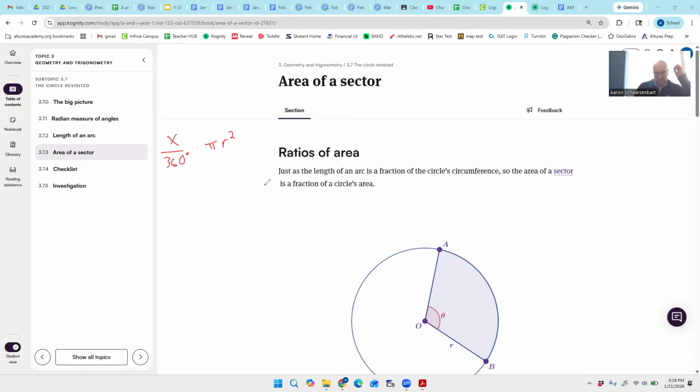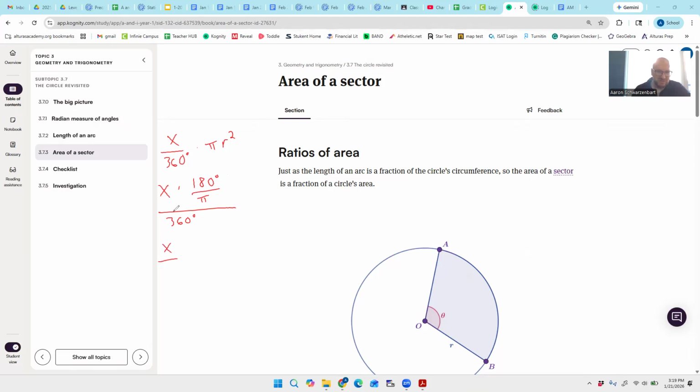I'm going to take my degrees and I want it to cancel, so I want to convert my X to radians. Actually, I want the degrees part to cancel, so it's actually backwards of that.